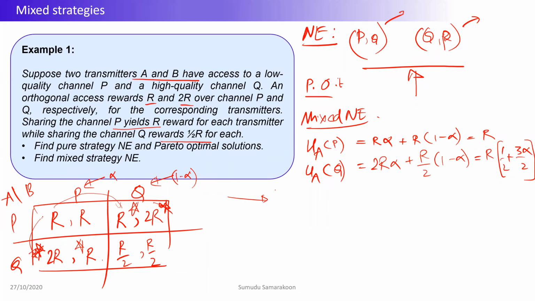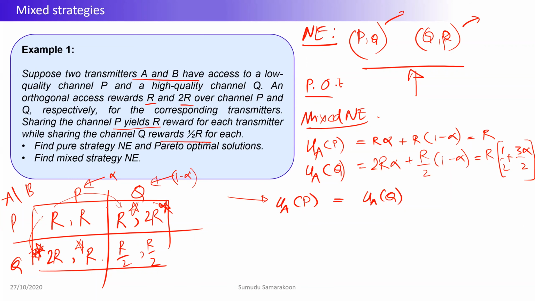Now, what would happen? Whenever B randomizes these strategies, he would not let A stick with a specific strategy. So that means the choice of alpha would make the reward coming from playing P for A and playing Q for A the same.